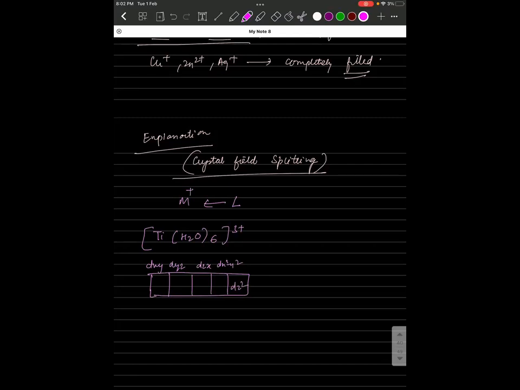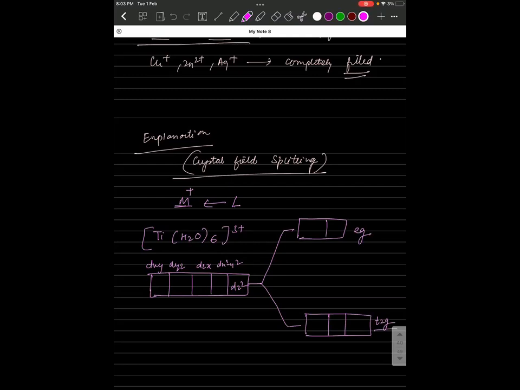When a ligand approaches the metal cation, the d orbitals split into two sets. The lower set has 3 d orbitals and the upper one has 2 d orbitals. The upper one is the eg orbital and the lower one is the t2g orbital.